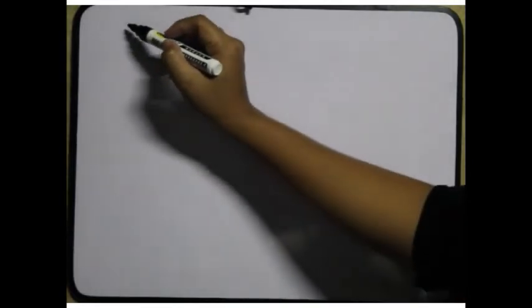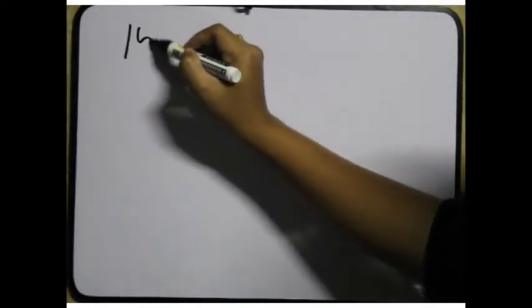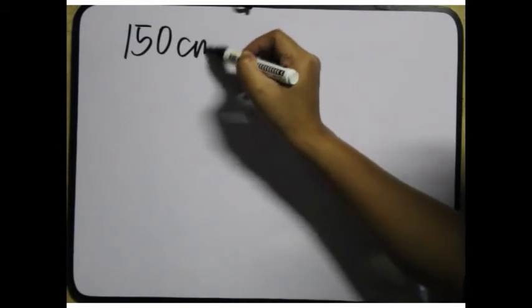Okay, so for our first problem in partitive proportion, as I said, if a given whole number is to be divided into several parts with a given or specified ratio. So here we have one rope measured 150 cm.